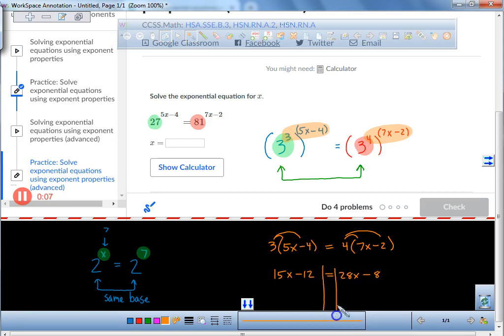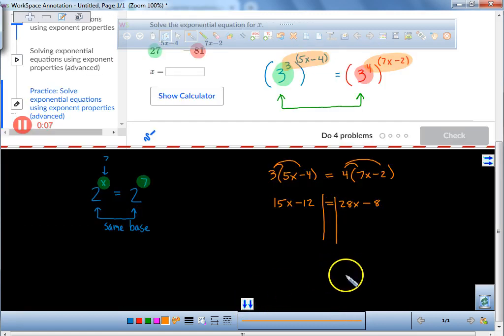Whew. Not pretty, but you know what? It'll be right. So where do I move all of my x's? I got 15 on this side and 28 on the other side. I'm just going to move everything to the right-hand side of the equal sign. So I'm going to take away 15x, and I'll take away 15x, and it looks like that gives me 13x.